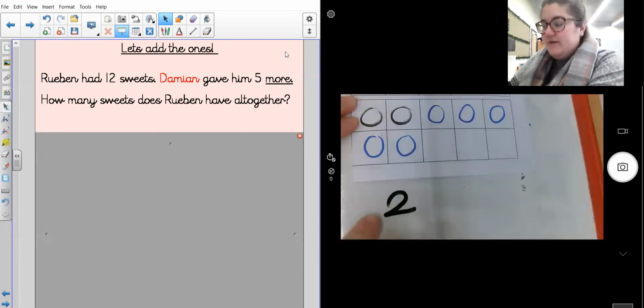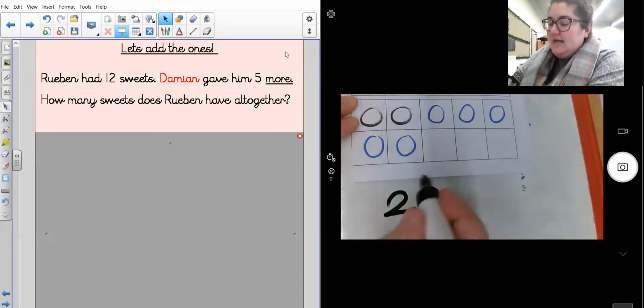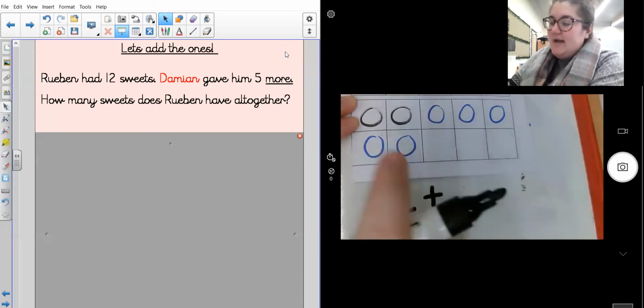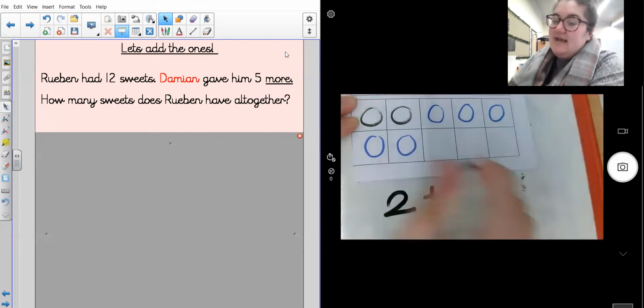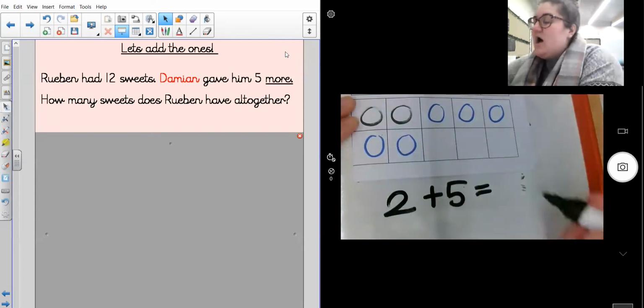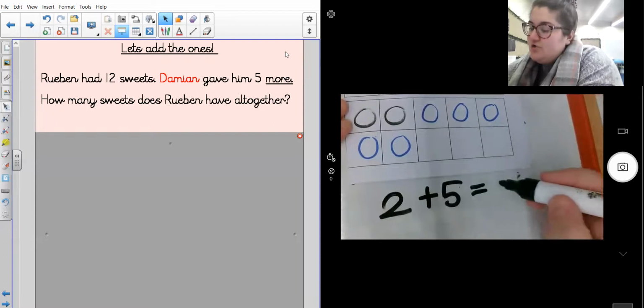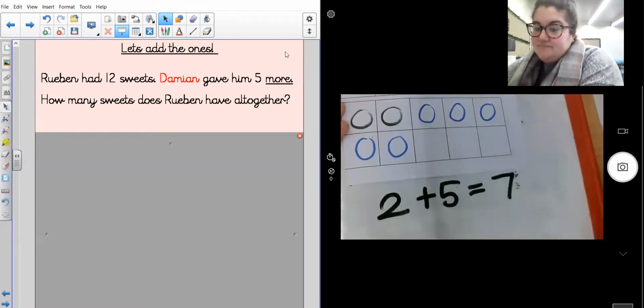Reuben had 12, which is made up of 1 ten and 2 ones. And to the number 2, I'm adding the 5 ones that Damien gave Reuben. And I know that 5 add 2 more is 7.